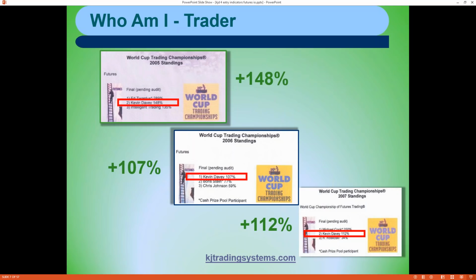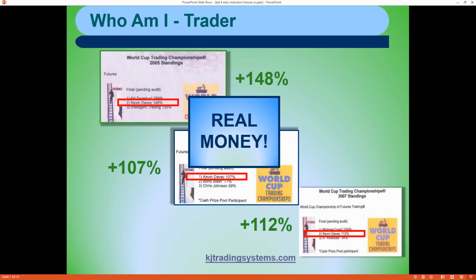So I was able to do pretty good with that, and again, that's real money. It's not one of these fake contests where somebody will be demo trading, and anybody can play those kind of games. This was actually a real money contest, and it goes way back. It's been around for a long time.